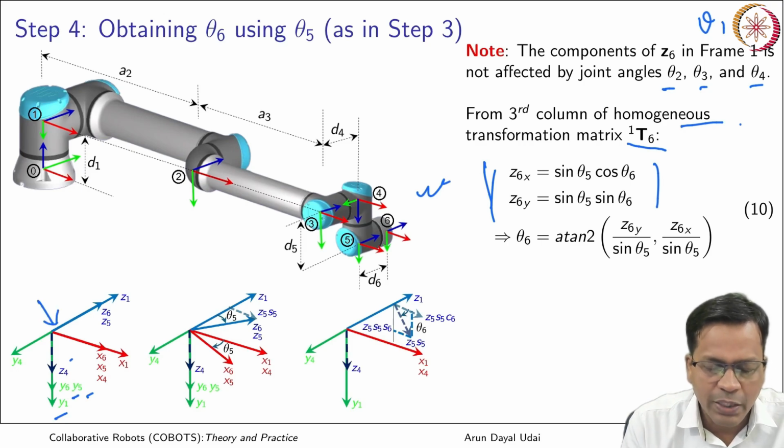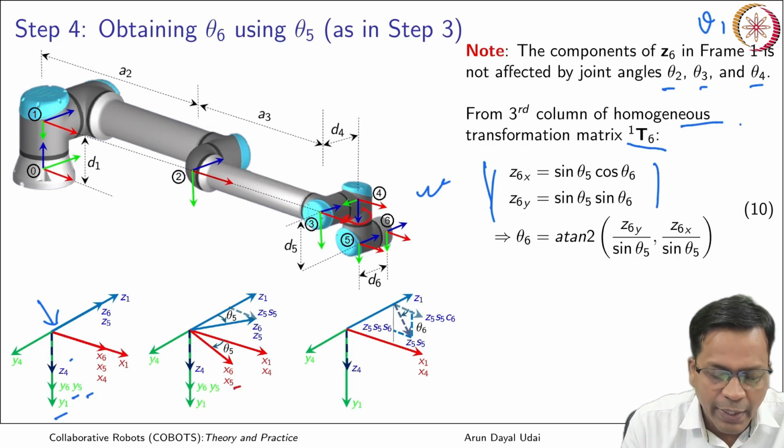Now let us say theta 5 has moved. So what will happen? X5 and X6 comes out of X1, Z5 and Z6 also comes out of Z1, by an angle theta 5. Y remains as it is. So Z4 along Z4, Y5, Y6 and Y1 remains as it is.